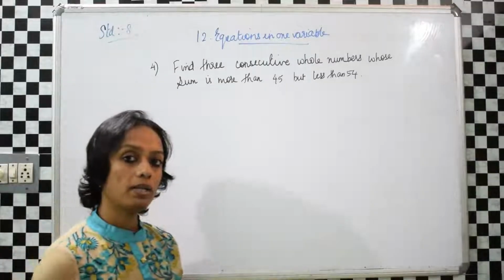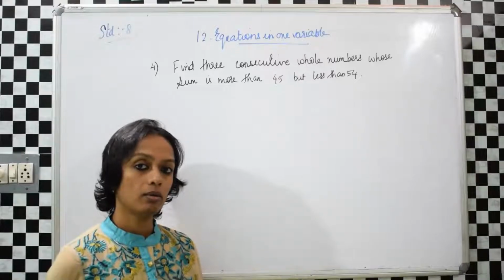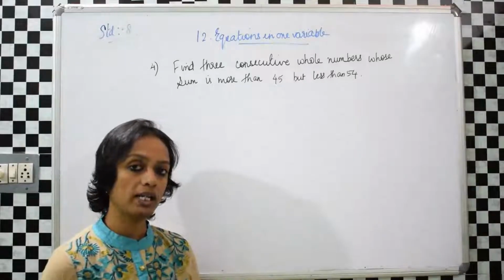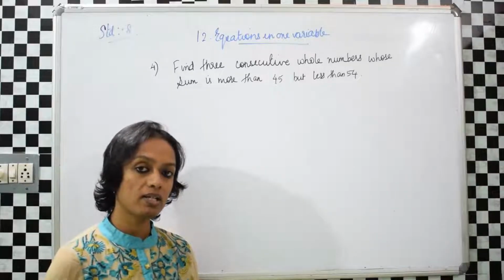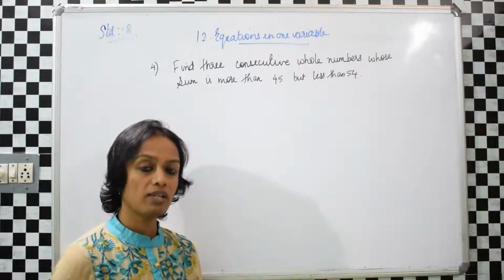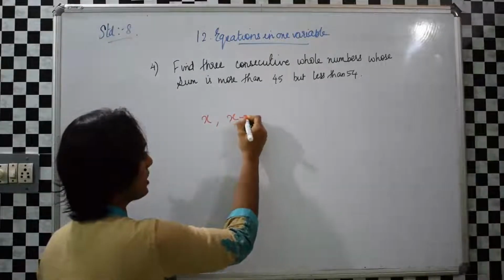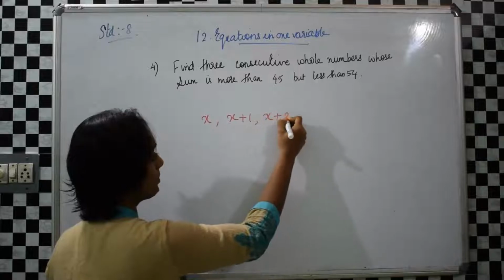Whole numbers means from 0. Any number which starts from 0 and goes on till infinity. Consecutive means one after the other. So if I take one number as x, the next number has to be x plus 1, the next number has to be x plus 2.